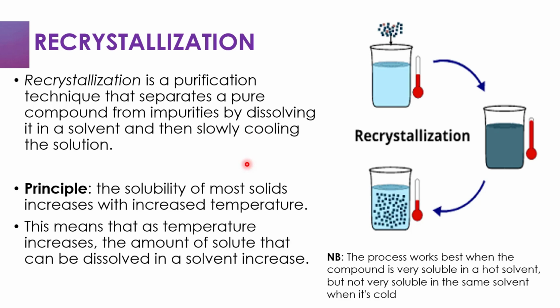This means that as temperature increases, the amount of solute that can be dissolved in a solvent also increases. One key thing we have to notice is that recrystallization works best when the compound is very soluble in a hot solvent, but not very soluble in the same solvent when it's cooled.